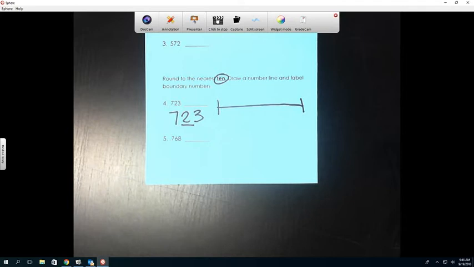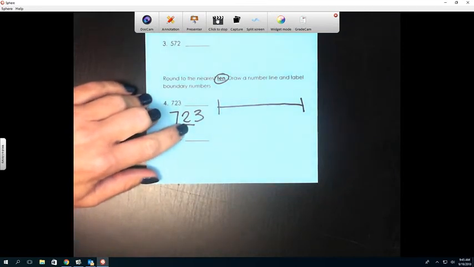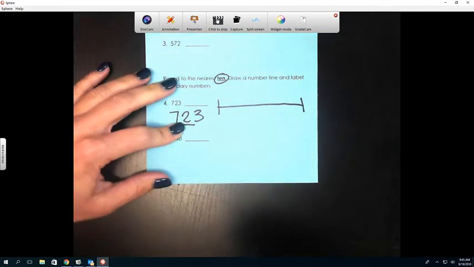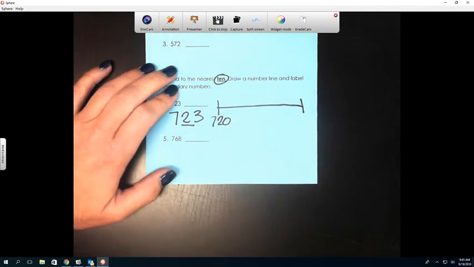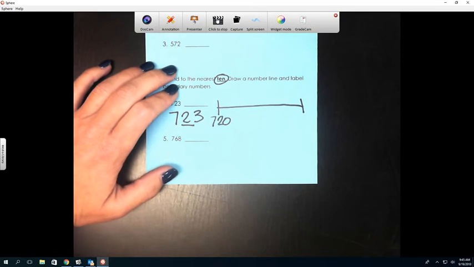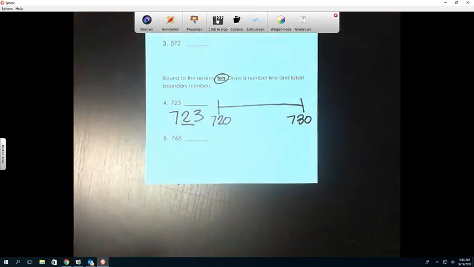So if I'm counting by tens and I'm rounding to tens, what's the value of this 2? 20. So my boundary numbers are going to be 720, and the next one would be 730.